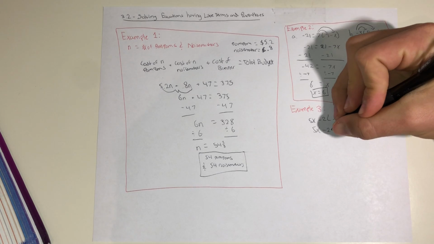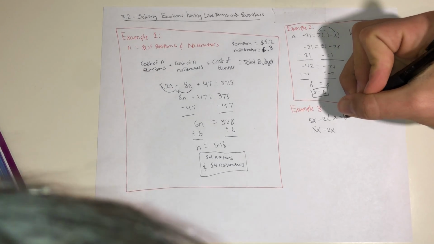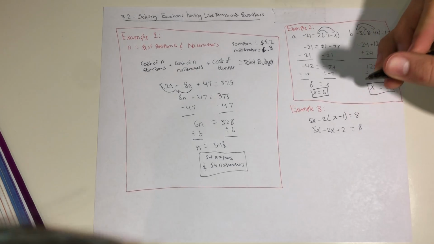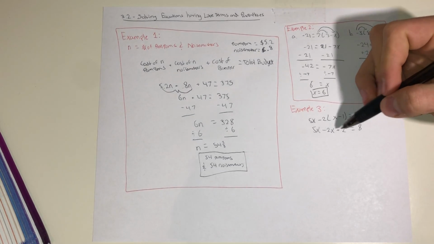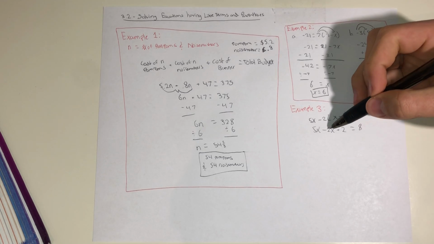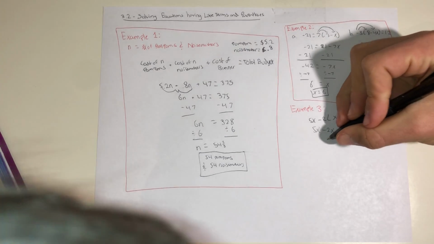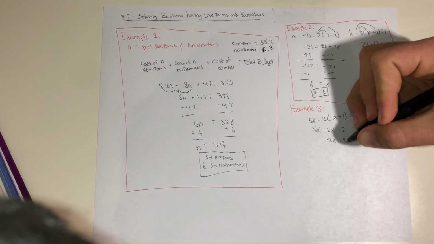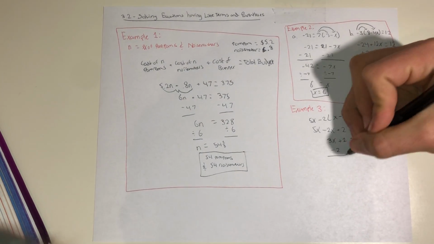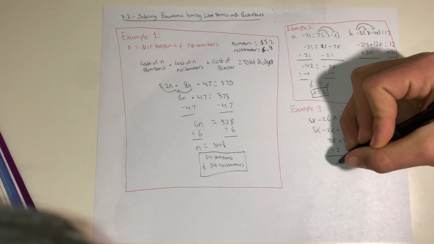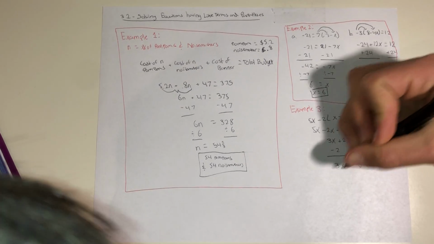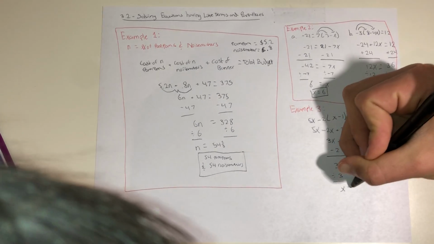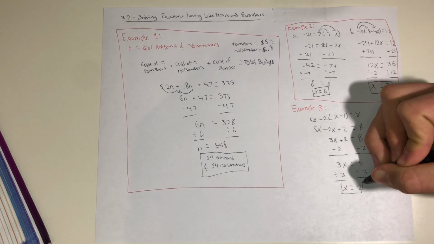So minus 2x, negative 2 times negative 1 is going to be positive 2 equals 8. So now 5x minus 2x, you have a 5 and then you have a negative 2. You combine like terms, you get 3x plus 2 equals 8. You have to subtract 2 from both sides. You're going to get 3x equals 6. You have to divide by 3, both sides. And x is going to be equal to 2.